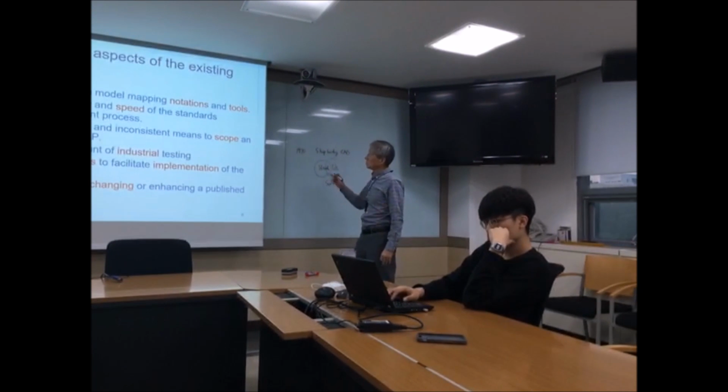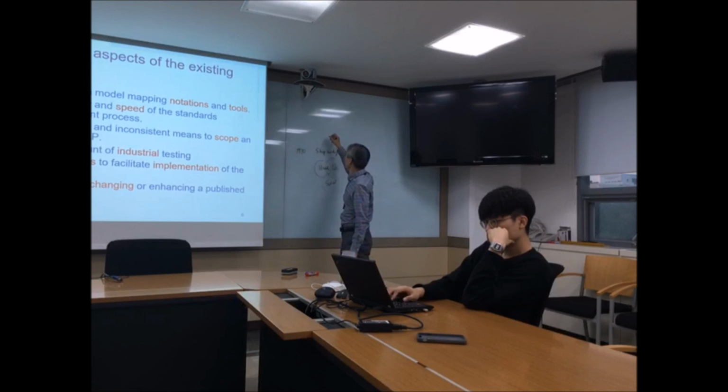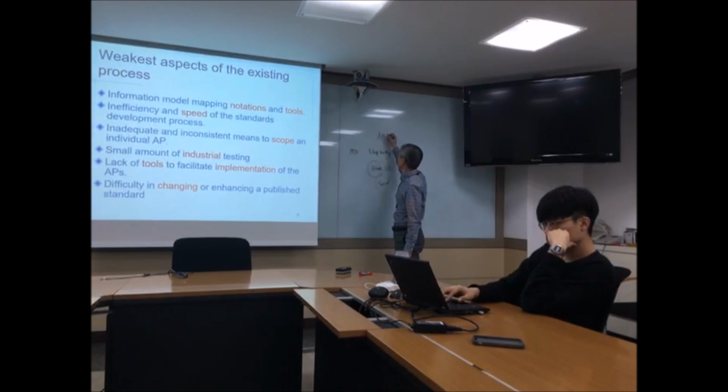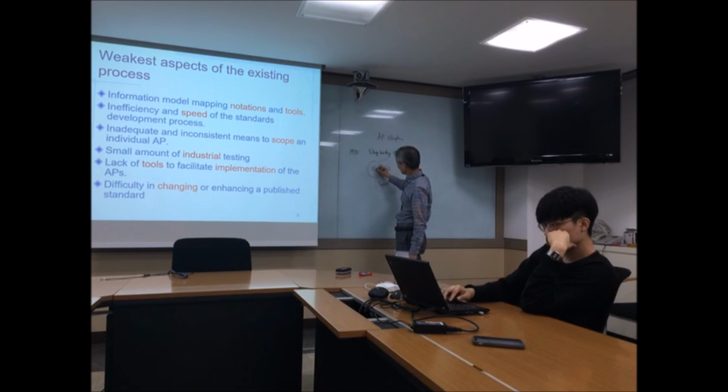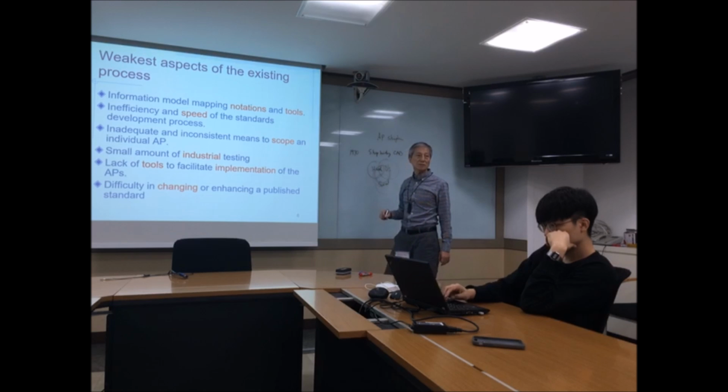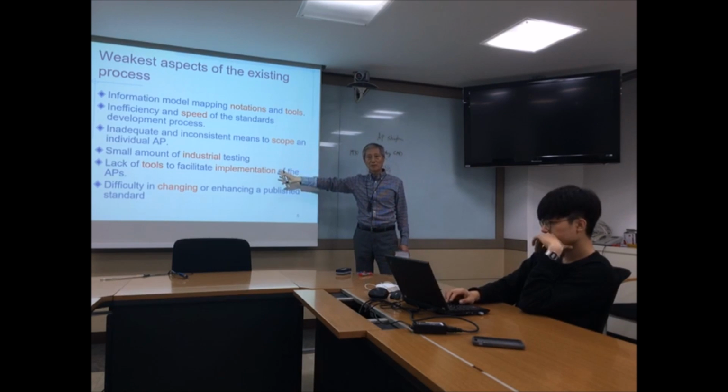And then an AP for shipbuilding, they want to make a common CAD system out of these company-specific CAD systems, right? That core can be an AP for shipbuilding. That is the idea behind this.